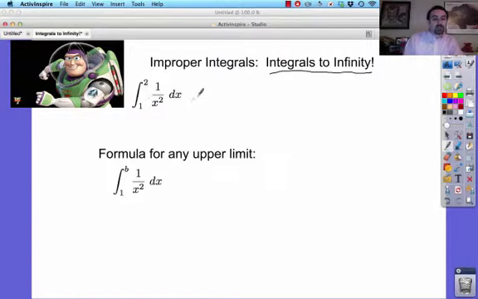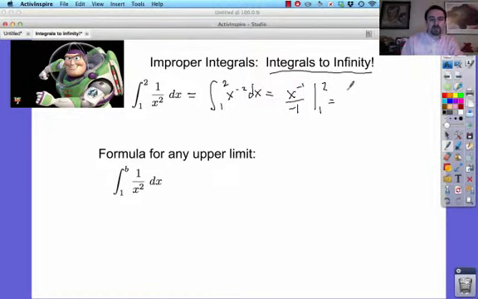Anyway, here we go. So we're going to take a look at an integral we should be able to do, which is 1 over x squared. Remember, we can always rewrite this as the integral from 1 to 2 of x to the negative 2 dx. So we're going to get x to the negative 1 over negative 1 from 1 to 2.